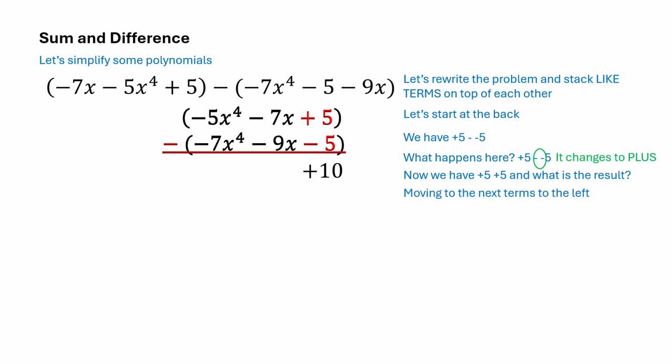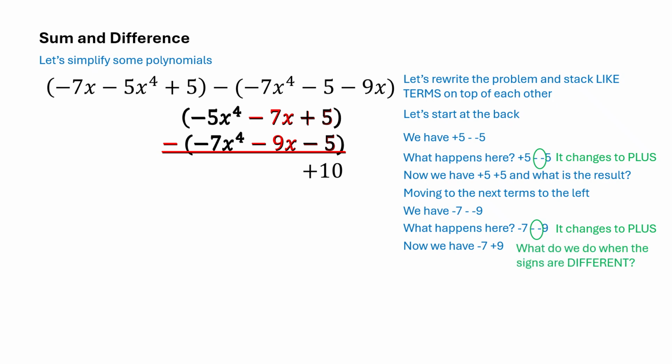Moving to the next terms to the left, we have negative 7 minus negative 9. What happens here? You guessed it, it changes to a plus. So now we have negative 7 plus 9. But what do we do when signs are different?